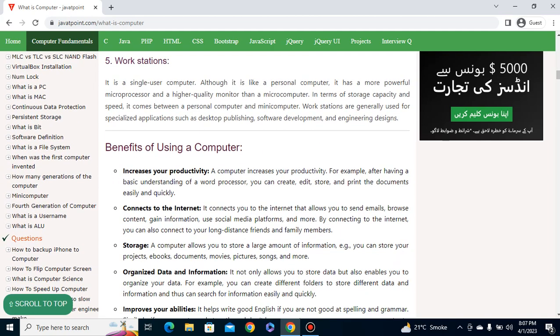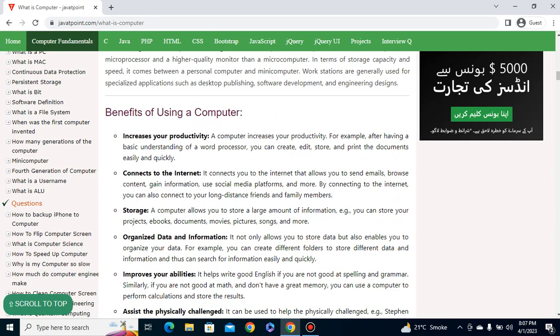Benefits of using a computer. Increases your productivity. For example, after having a basic understanding of a word processor, you can create, edit, store, and print documents easily and quickly. Connect to the internet.